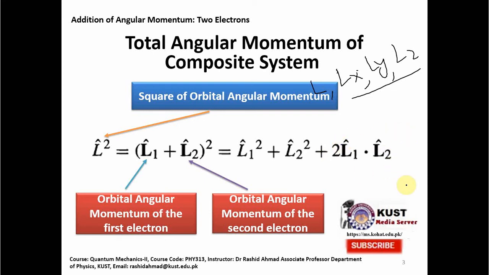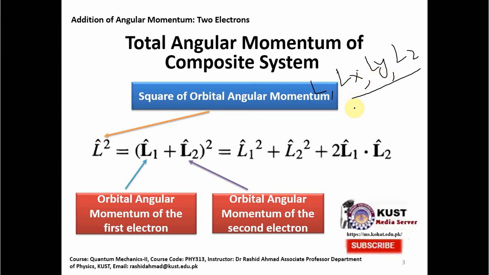But at the moment, what we have done on this slide is to know that we want L square, the square of the total orbital angular momentum, and this can be calculated with the help of this formula. And why are we considering L square? Because of the uncertainty between the components of the angular momentum.